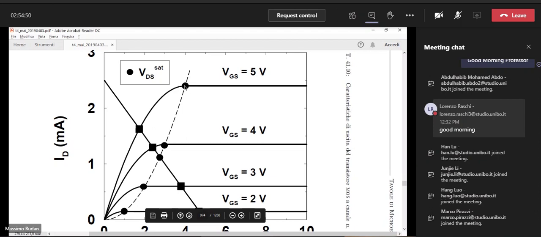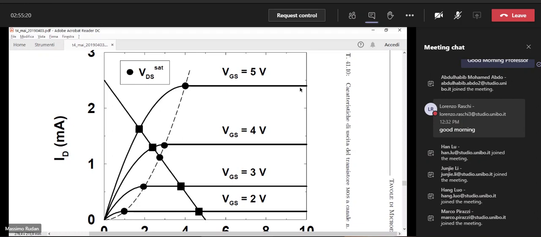Okay, this dot is the value of the saturation voltage, VDS sat, corresponding to VGS equal to 5 volts in this figure, okay? Saturation starts from this dot to the right, okay? So extending the linear parabolic model to saturation is easy.